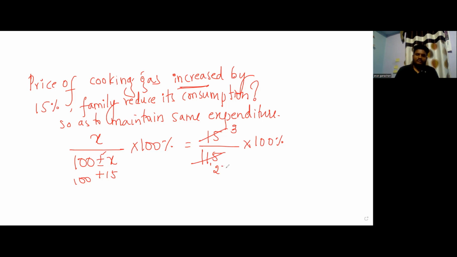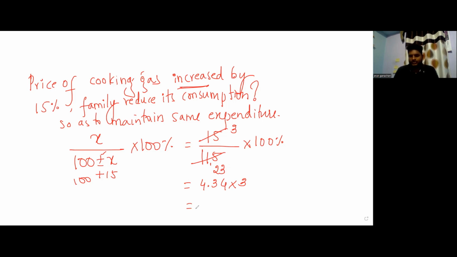5 3s are 15. What is 3 by 23? We don't know what is 3 by 23, so what will we do? We'll first find what is 1 by 23. What is 1 by 23 according to the chart? 4.34. Then we have to multiply it by 3.